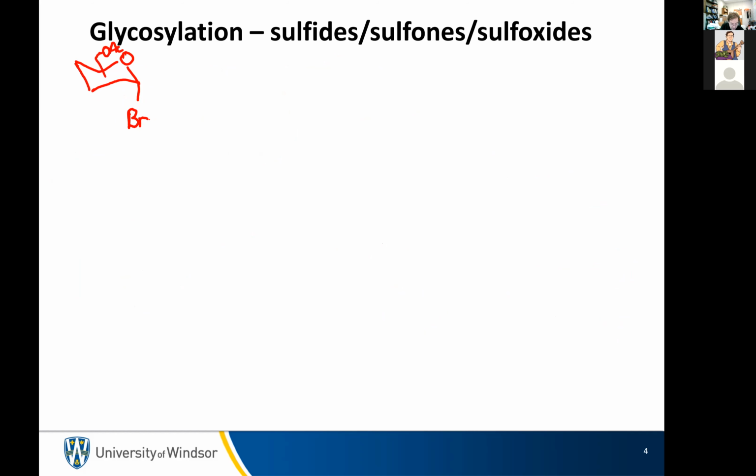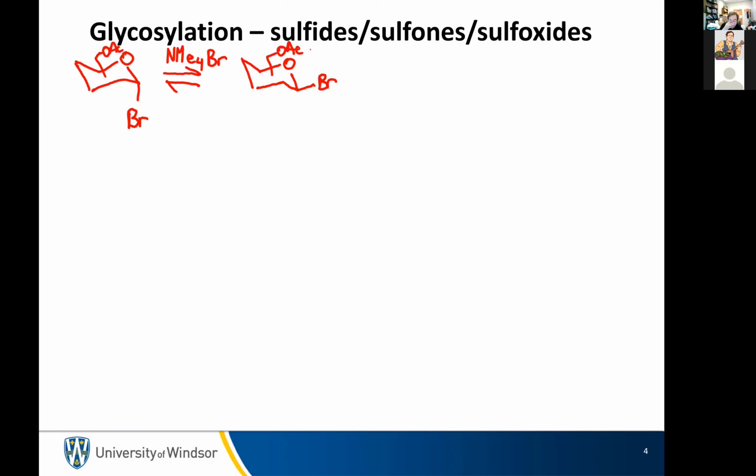Let's say you treated that with tetramethylammonium bromide. And we saw when we were talking about the bromide stuff that will give you the beta bromide because it goes to the more stable one, because everything's equatorial.